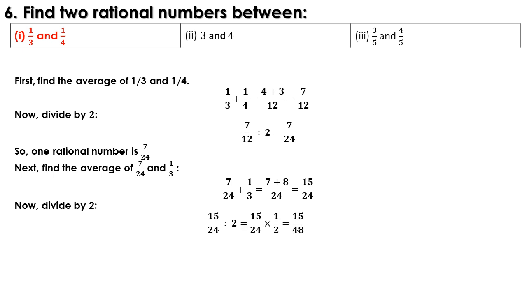Again, dividing by 2 is the same as multiplying by 1 divided by 2. 15 divided by 24 times 1 divided by 2 equals 15 divided by 48. Simplify 15 divided by 48 by dividing both the numerator and denominator by 3. 15 divided by 48 equals 5 divided by 16. So, the second rational number we get is 5 divided by 16.